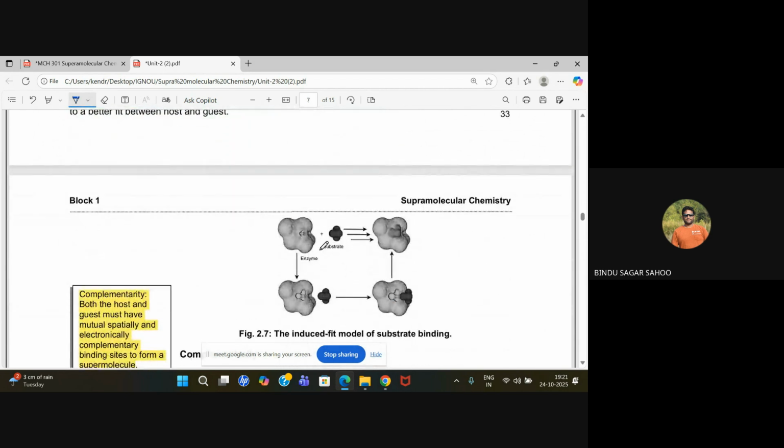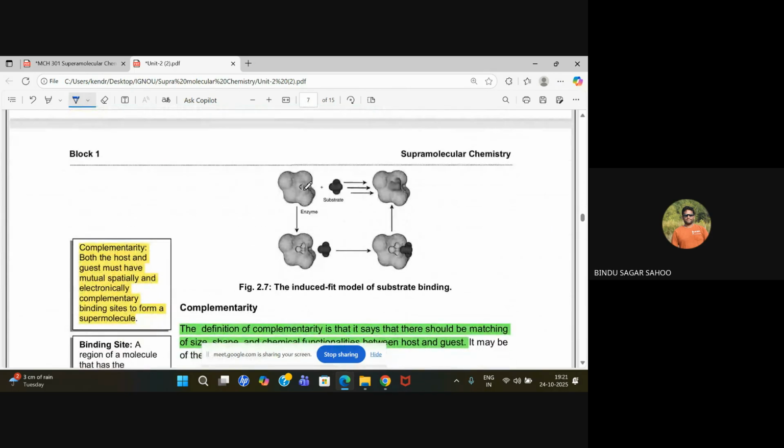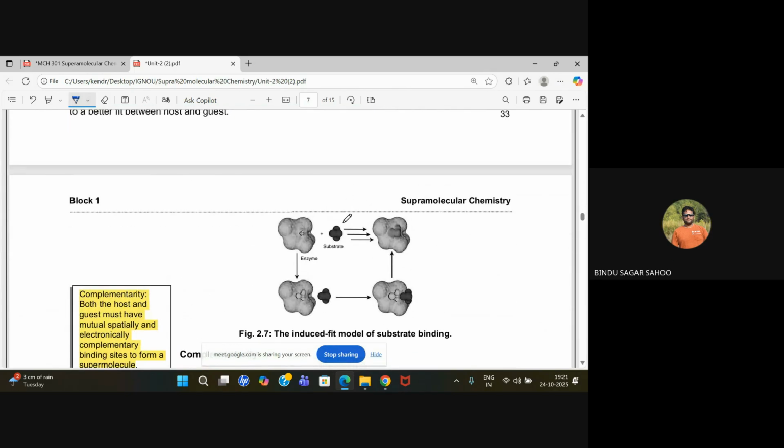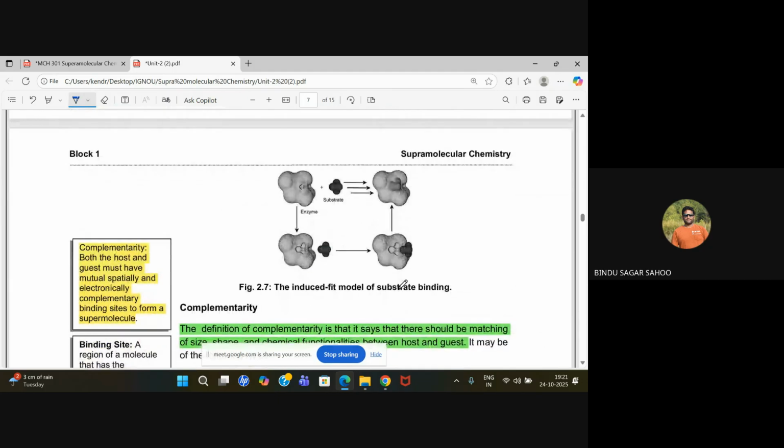So in figure 7, we can see a flexible enzyme site. This is a substrate, coming on this side. It's interacting with it, and you can see this is the enzyme and substrate, and the active site is like that, and the substrate comes and they can fit into it.